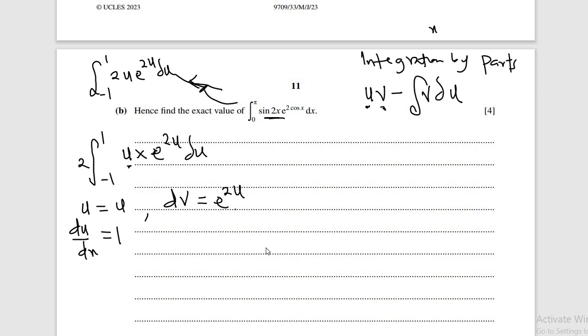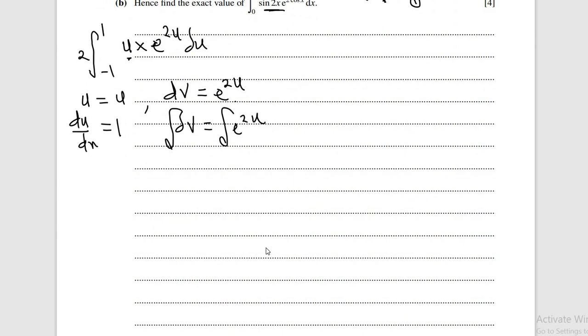This is the dv. To get v, you are reversing back. You need to integrate. The integral of dv, the integral of e raised to power 2u. So the du/dx is 1. When you integrate dv, you're going to get v. The integral of e raised to power 2u means e raised to power 2u over 2.